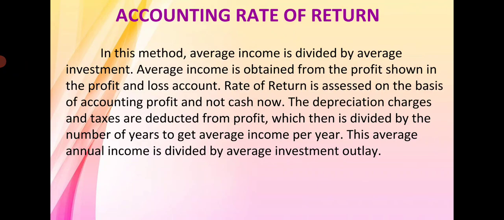Here whatever the earning of the organization is, that is divided by the investment, and that is the average investment of the particular project. Average income is obtained from the profit shown in the profit and loss account. Rate of return is assessed on the basis of accounting profit and not cash.